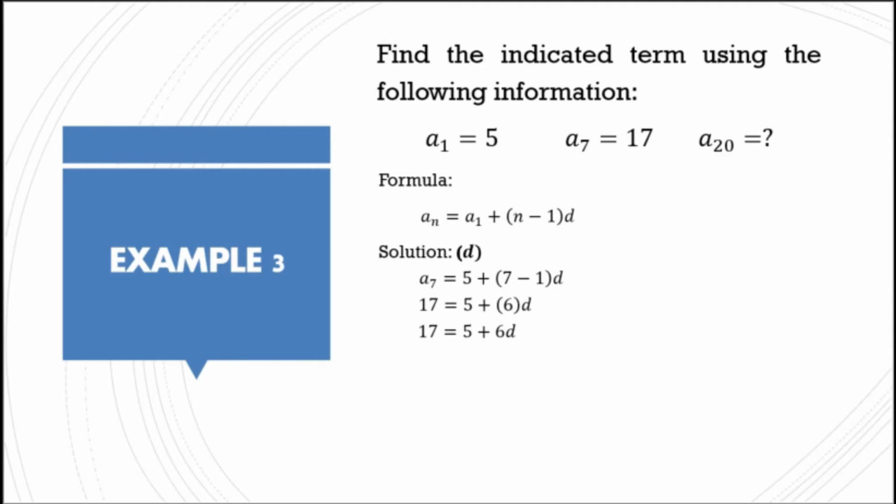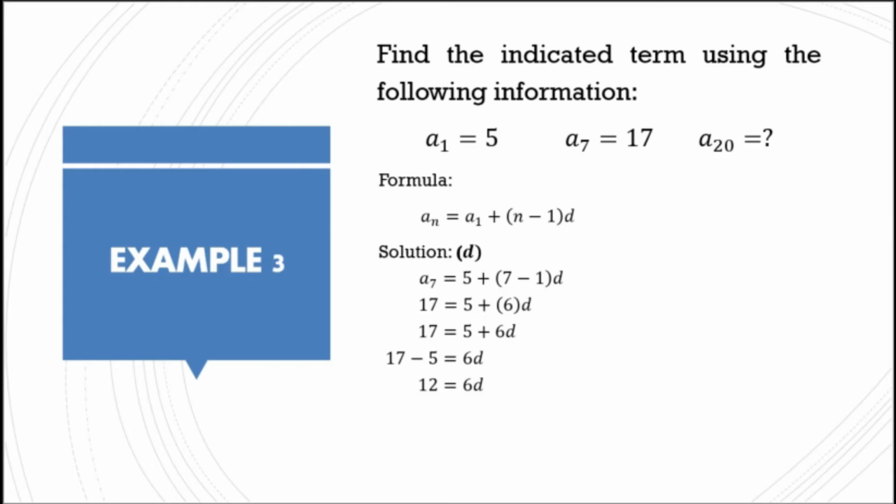Then we have 17 equals 5 plus 6d. For us to get the value of d, we isolate d and we transpose 5 to the other side. We now have 17 minus 5 equals 6d. 17 minus 5 is equal to 12, equals 6d.